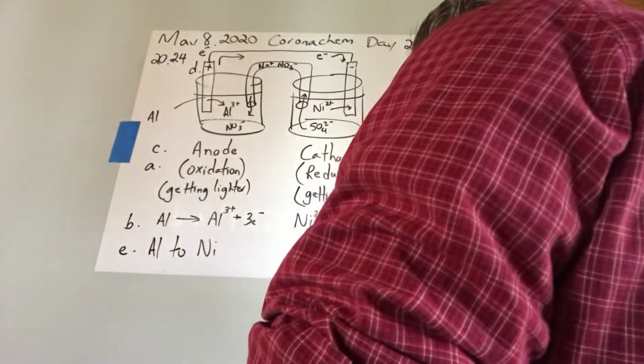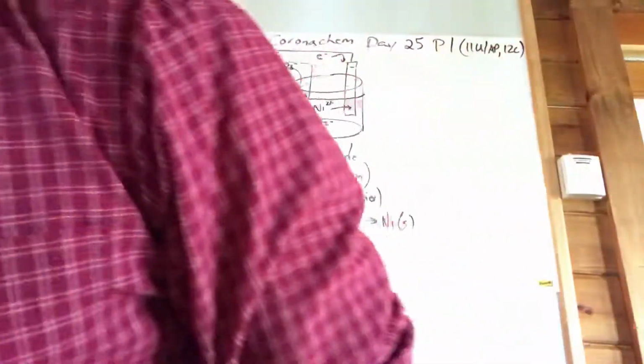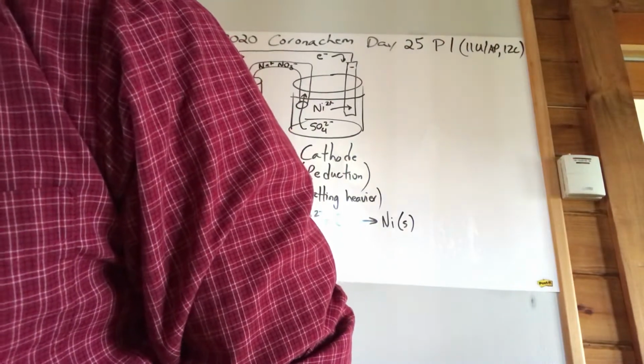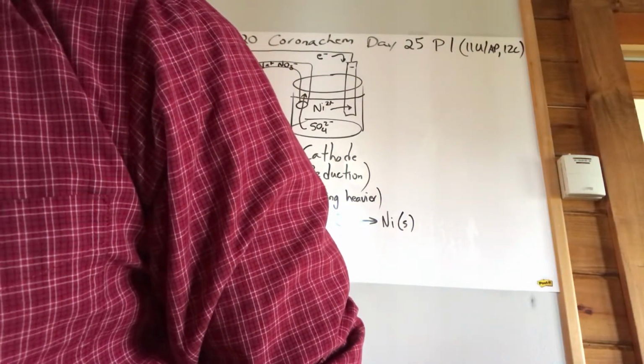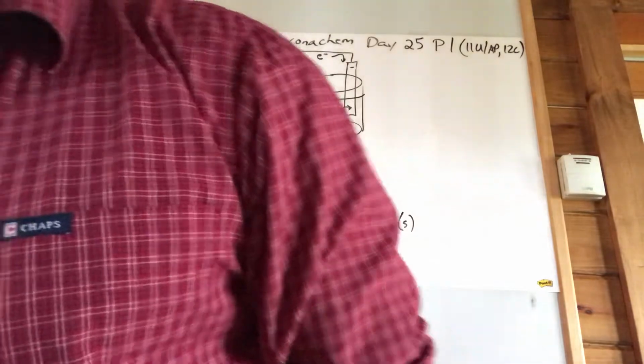And is there an F? I think I may have forgotten to answer F, yeah. In which direction do the cations and anions migrate through the solution? Assume the aluminum is not coated with its oxide.